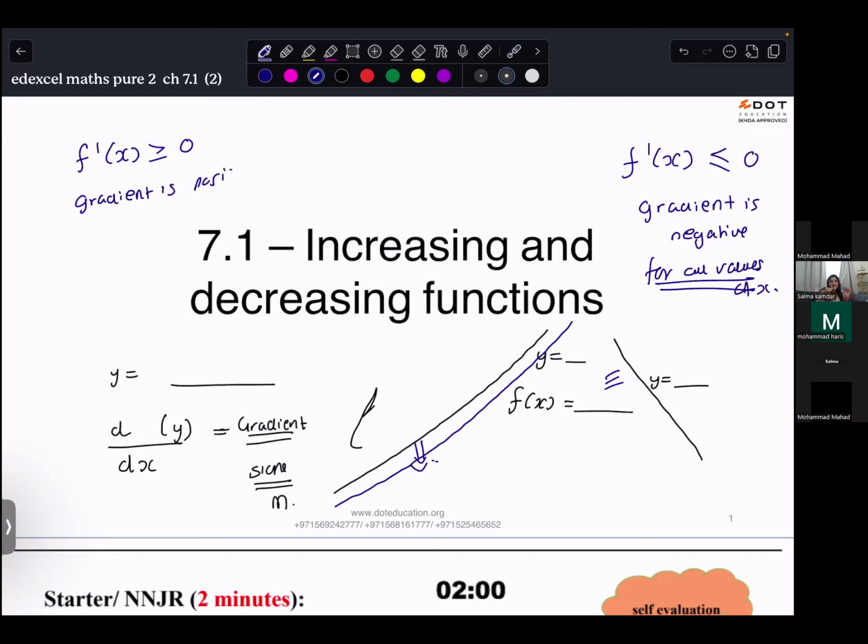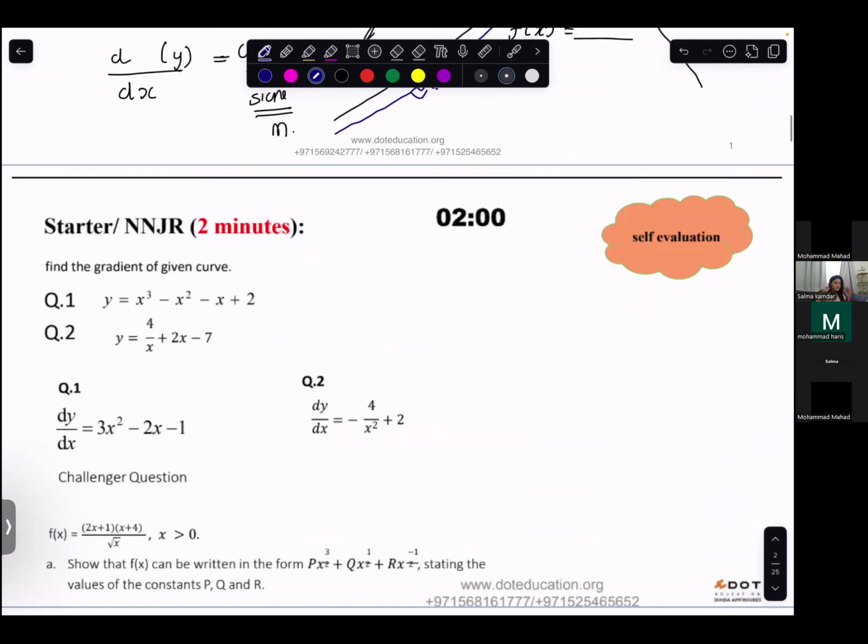That means whenever I have to state whether my function is increasing or decreasing, what will I do? If they give me a function y is equal to something and ask me to find out whether the function is increasing or decreasing, I will differentiate the equation.